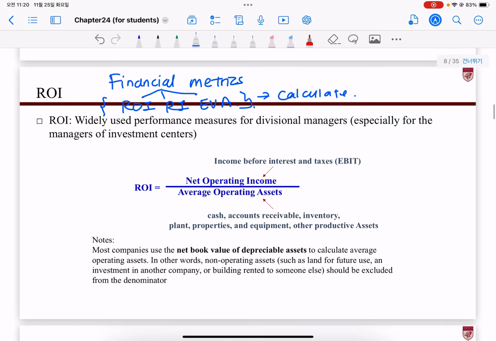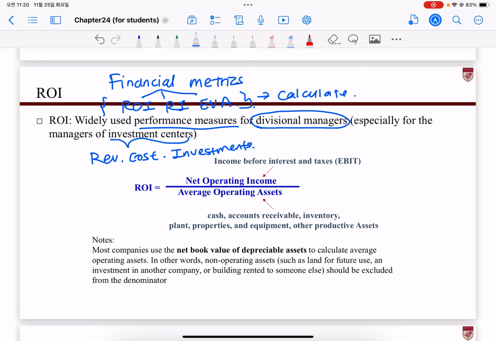Okay, so ROI is a widely used performance measure when you are measuring divisional managers' performance. Why? Because divisional managers are usually managers of investment centers. Remember, the investment centers are responsible for not only the revenue and cost, they are also responsible for investments, right?